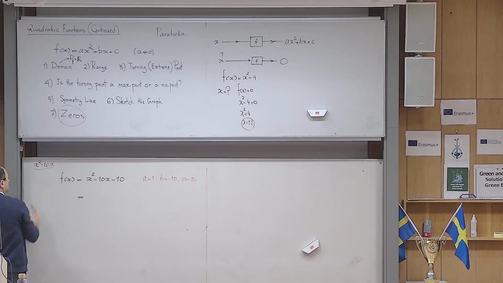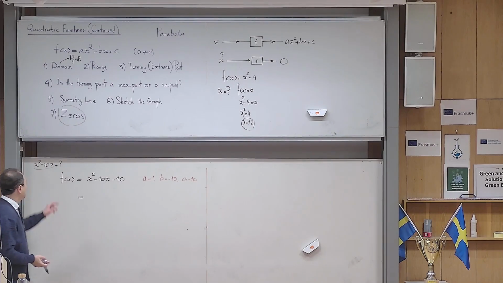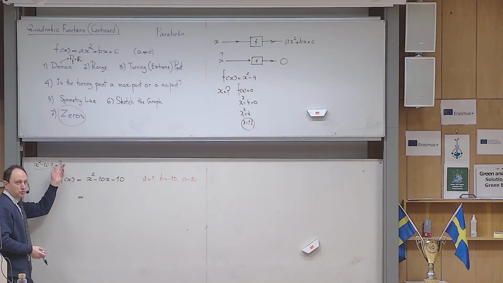You face this one. What is this number so that I can write so that the whole combination becomes a complete square? We have the rule of thumb. That is exactly the same rule of thumb that we had before. Do you remember what was the rule of thumb for this? So, okay, if you have forgotten the rule of thumb, you should be able to answer that.